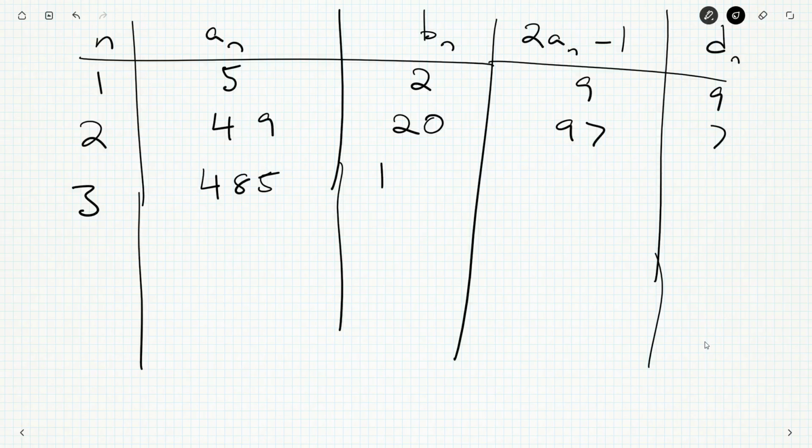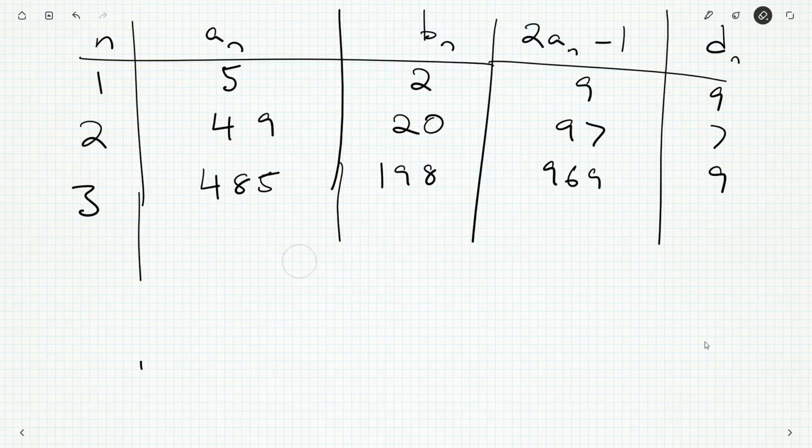That's 198. Okay, so 485 times 2 minus 1 is 969. The units digit here is 9. So maybe it just goes 979797. But what I'm thinking is, and I should probably make a note of this if I'm going to change my chart.